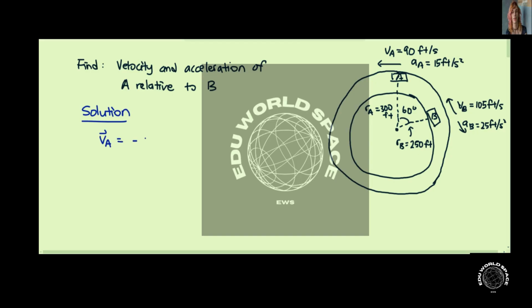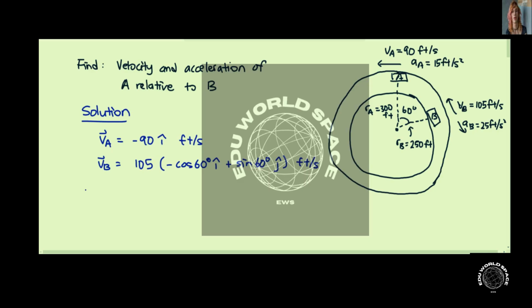VA is negative 90 i hat feet per second, and VB is 105 times minus cosine 60 degrees i hat plus sine 60 degrees j hat feet per second.